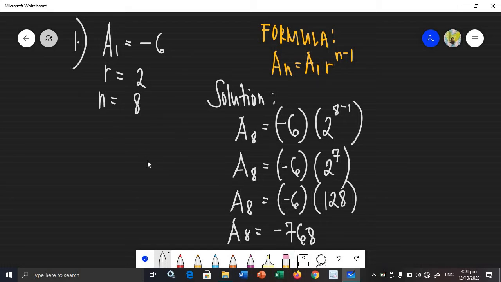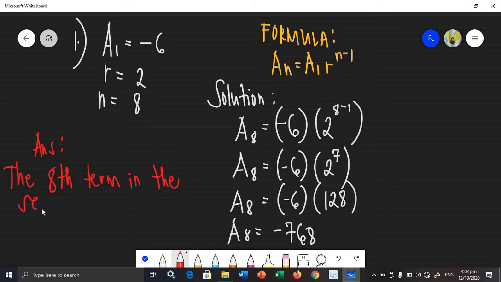So, the 8th term in the sequence is negative 768.